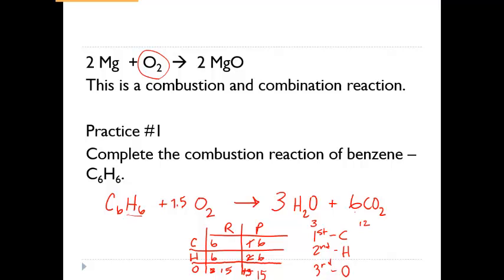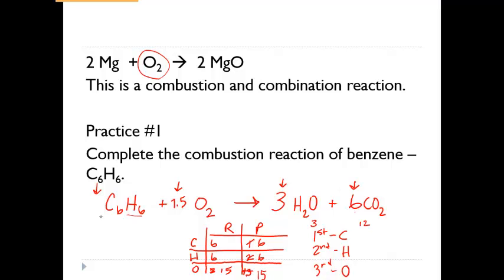So if we were allowed to keep fractions, that would be okay, but our coefficients do need to be whole numbers. So in order to get rid of that 7.5, we're actually going to have to take the coefficient in front of each and every one of our substances, and we're going to have to multiply it by 2.